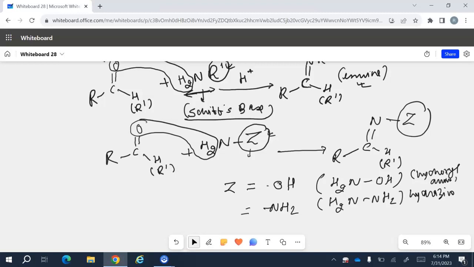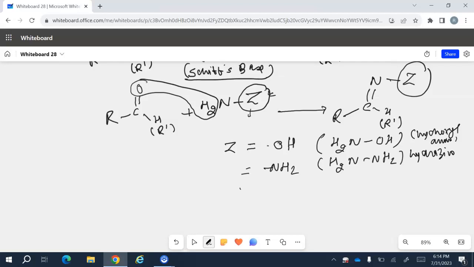We can do the reaction with a variety of other groups, like say for example, G can be NH and, say for example, a benzene ring, right? So here instead of NH2 there is only NH, and one hydrogen you replace by a benzene ring, and the reagent then will be H2N NH with the benzene ring. We call this phenylhydrazine.